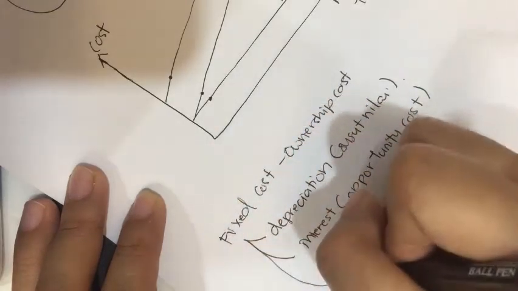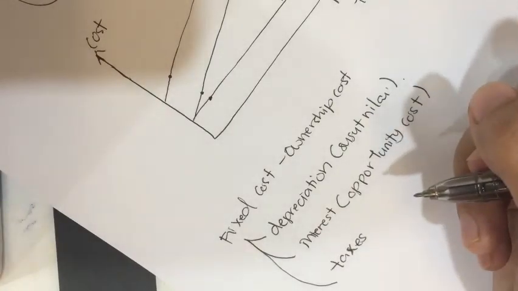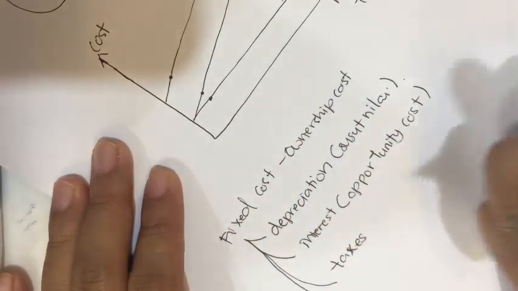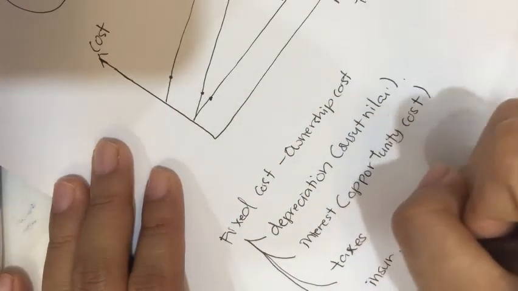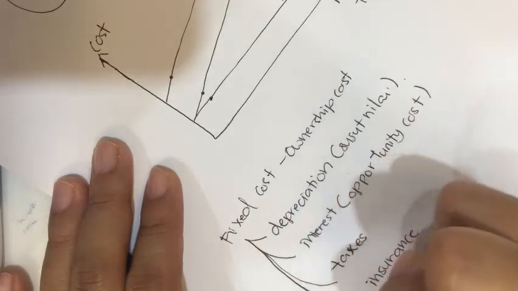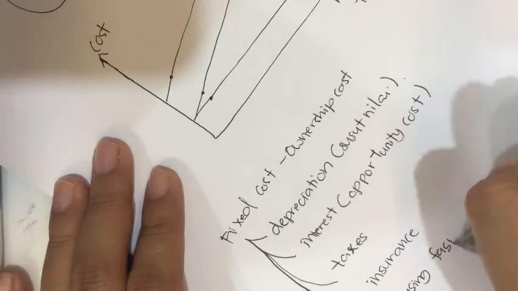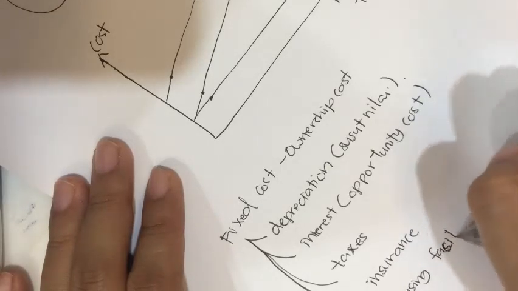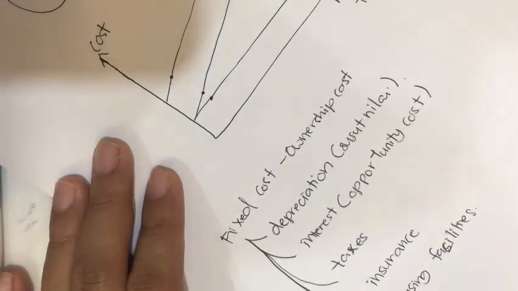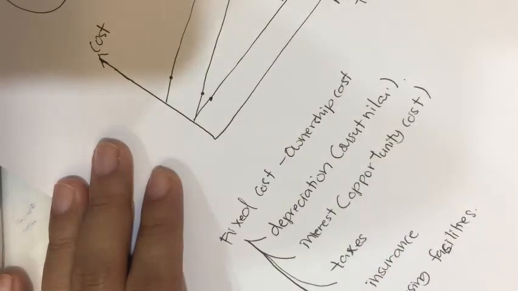Also the taxes that you have to pay, like ownership taxes, insurance, and also housing facilities. This cost is fixed every year. You have the exact amount that you have to pay when owning a machinery.